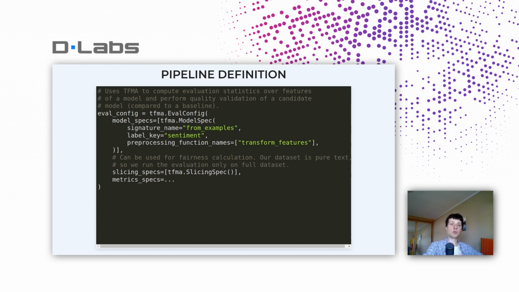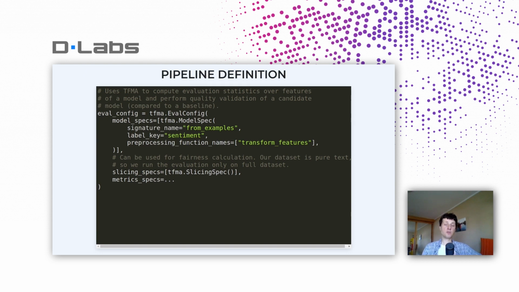We can also configure slicing specs. If we configure slicing specs, we can configure it in such a way that during evaluation, the TFX evaluator is going to compute the statistics separately for slices of a dataset based on specific features.